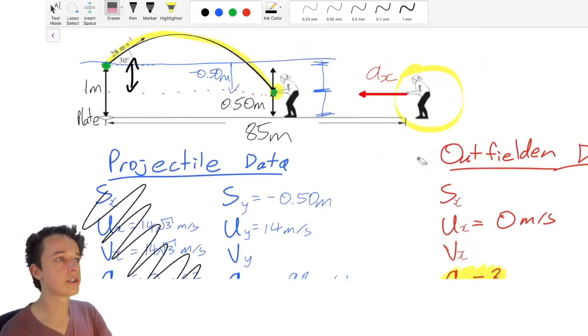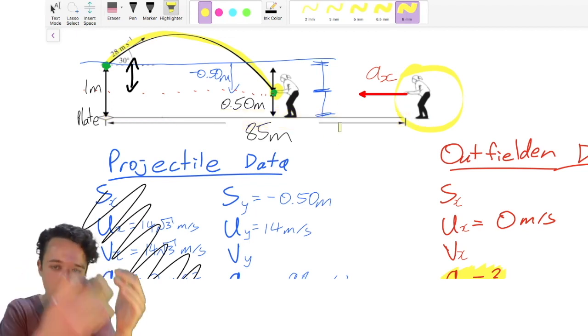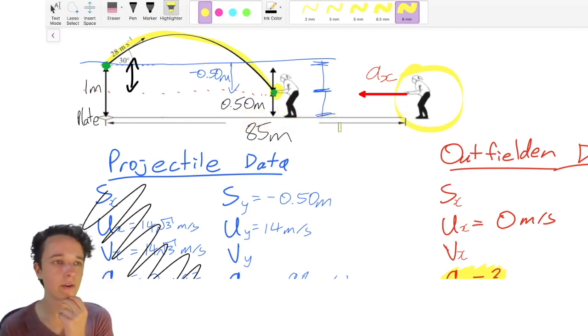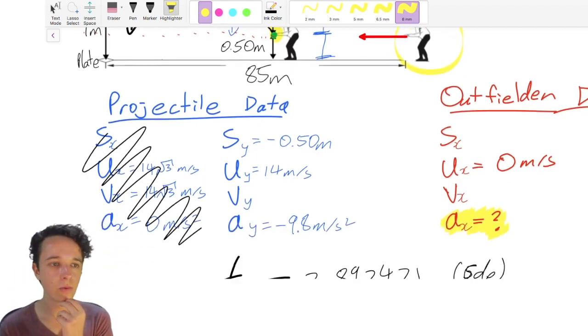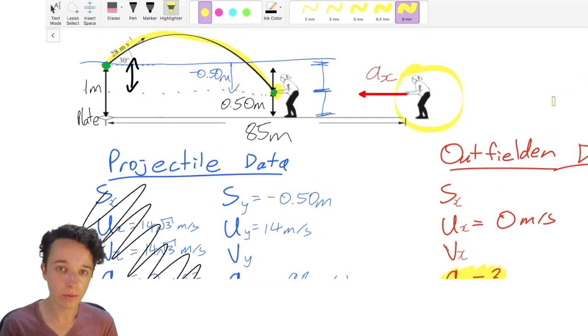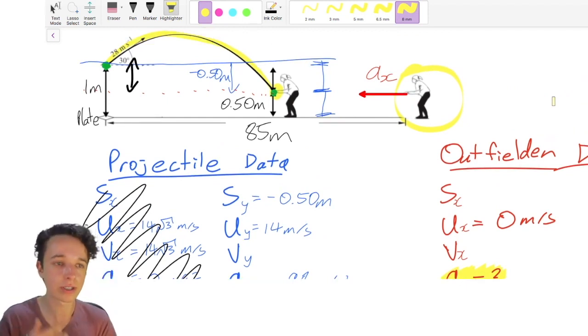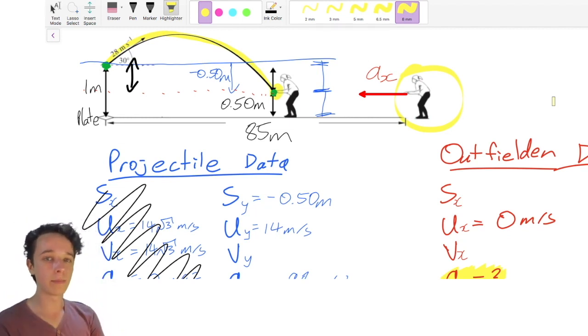Now we can use that time to find out some information about this distance here, right? Just looking forward in the question a little bit, in order to find the acceleration, we're going to have to find something about the change in velocity, right? Because that's the fundamental definition of acceleration: change in velocity over the change in time that was required for that change in velocity to occur.